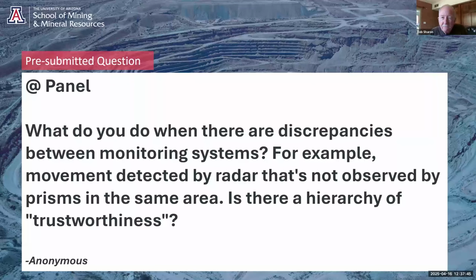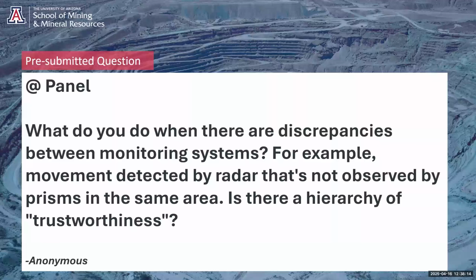What I was saying is that it's very important to understand the capabilities of your monitoring systems. When you deploy your monitoring systems, you have to understand what they are capable of sensing and what they are not capable of sensing. As you compare the systems, you should know what your primary system is for monitoring what kind of movement.